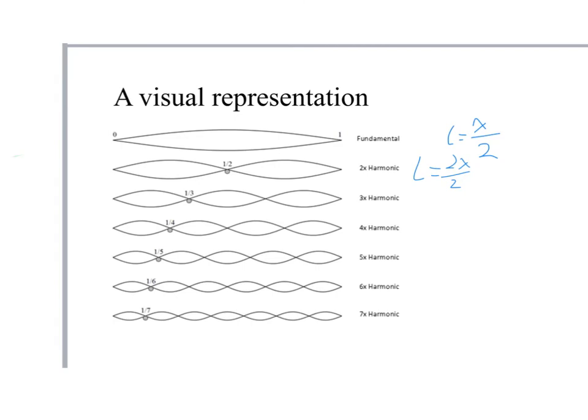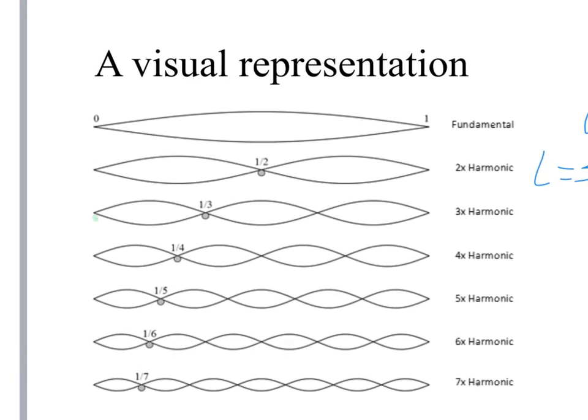For the third harmonic, we can see that 1.5 wavelengths go into each length of string. Here we can see the wave repeats itself 1 time, then another half a time within that length of string.